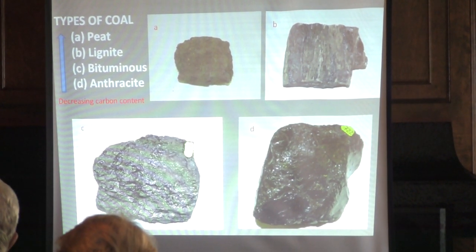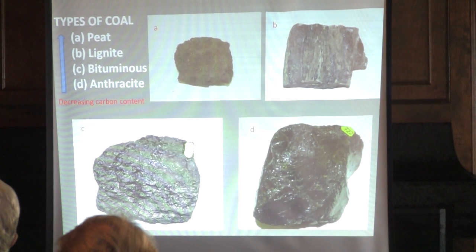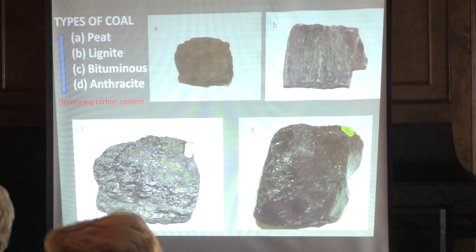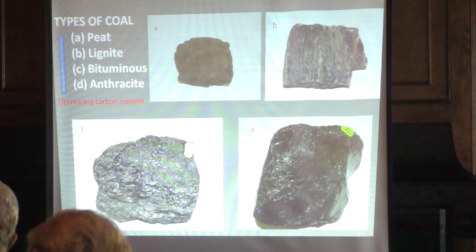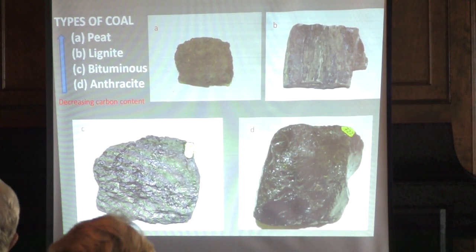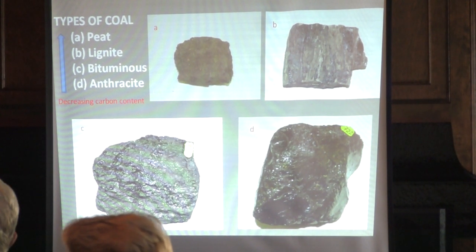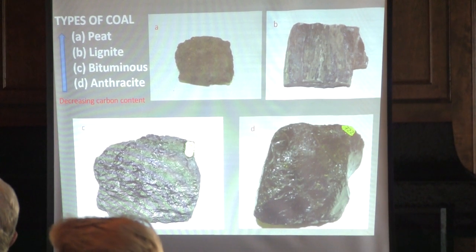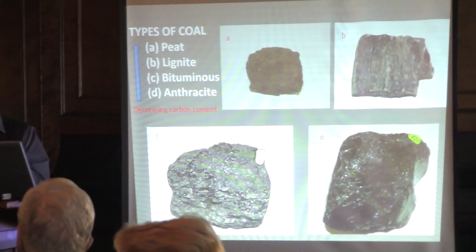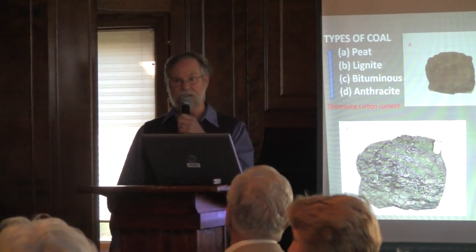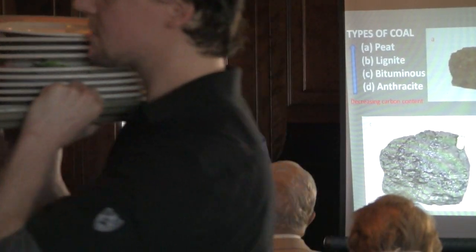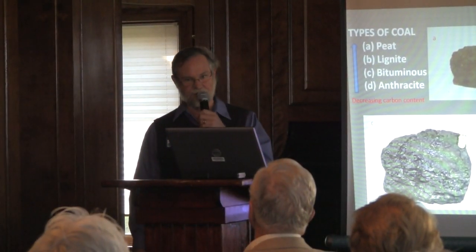It's a fairly high grade of coal, a lot of carbon, has a lot of thermal energy per volume, which is what you want. This one over here is anthracite, which is the prettiest type of coal that you will ever find, and it's also the highest in heat content and the most valuable, and also the most rare. It was mostly mined around here in Pennsylvania. It's still used in some places to heat homes, but they don't use it much in power plants because bituminous is a lot more cost effective.